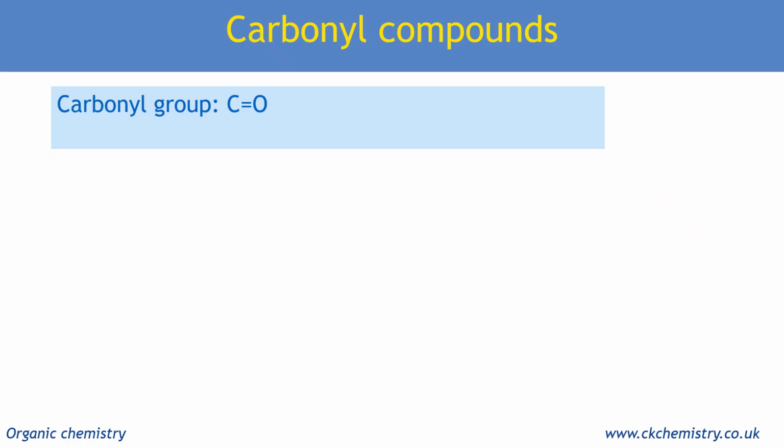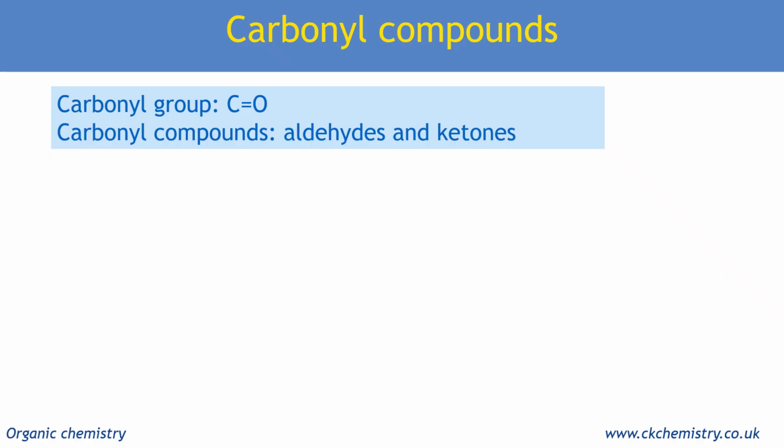However, when we talk about a carbonyl or a carbonyl compound, if you see that in an exam question, for example, it contains a carbonyl, we usually just mean that it is an aldehyde or a ketone. So these are two isomeric functional groups.